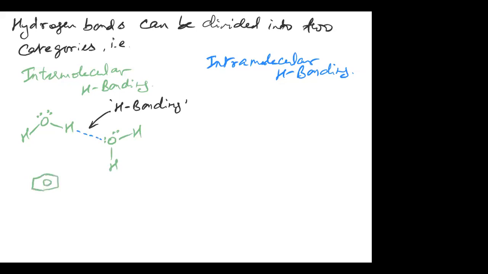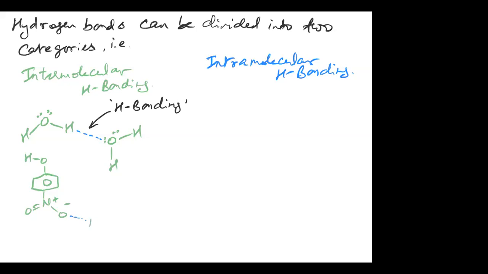Similar to this, let's say this compound is benzene, and if OH is attached here, it is known as phenol. And if NO2 is attached here, this compound is known as para-nitrophenol. So para-nitrophenol can also form hydrogen bonding with another molecule.